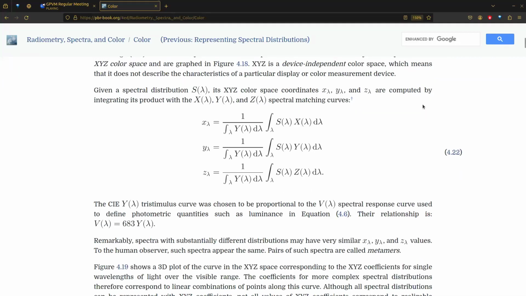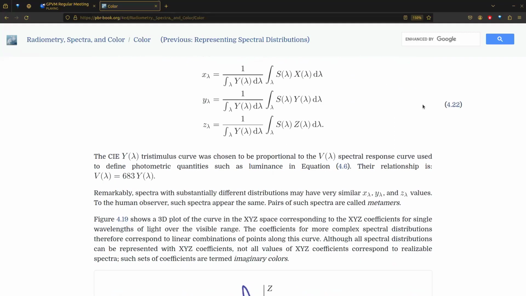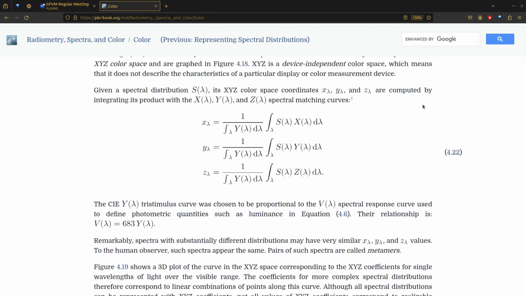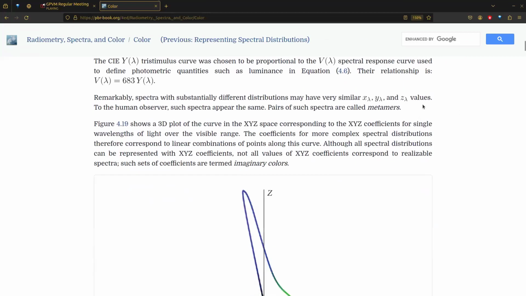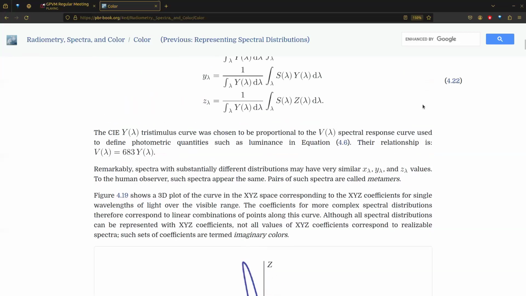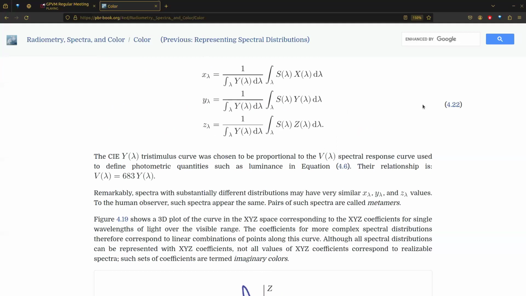So given a spectral distribution S of lambda, its XYZ color coordinates X, Y, and Z are computed by integrating its product with the spectral matching curves. The Y tristimulus curve was chosen to be proportional to the V spectral response curve used to define photometric quantities such as luminance.